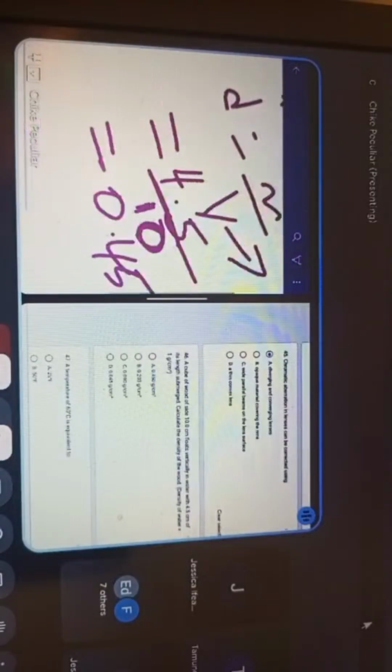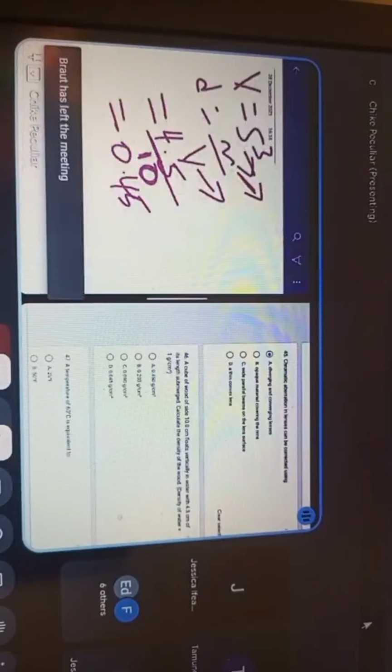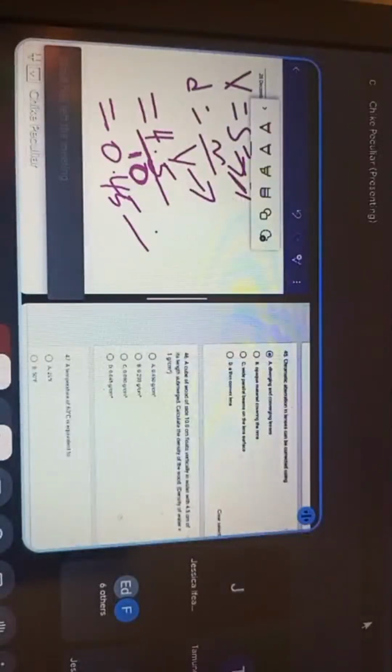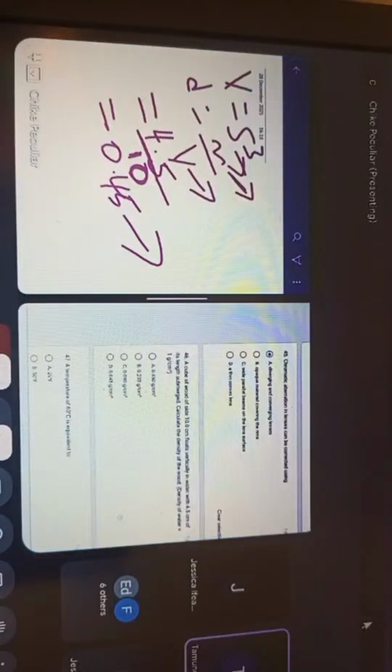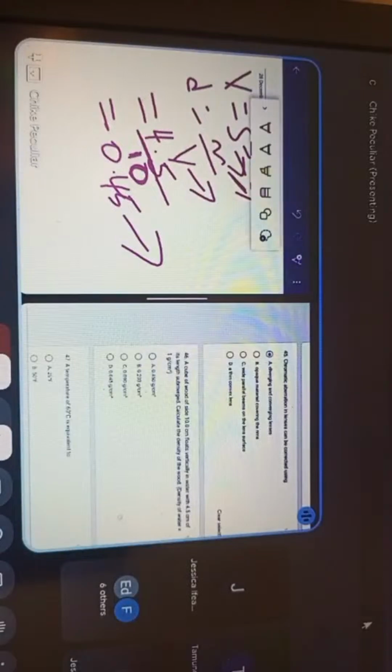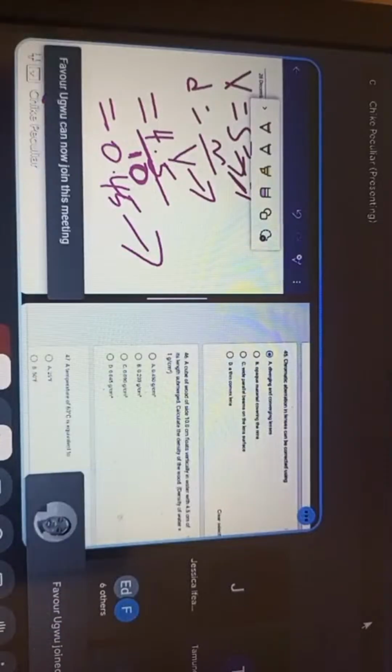So what volume of this cube is being submerged? 0.45 of its volume. Do you understand? Yes, sir. Alright. So now to get the density, what did they say we should find? Okay, good. They say we should find the density. So density is equal to mass over the volume.